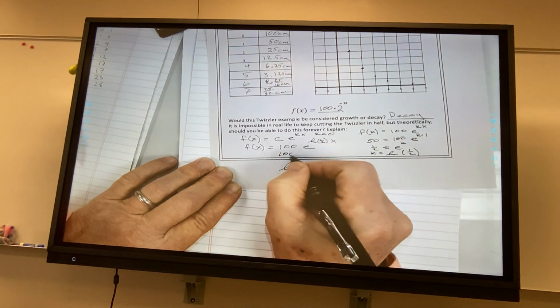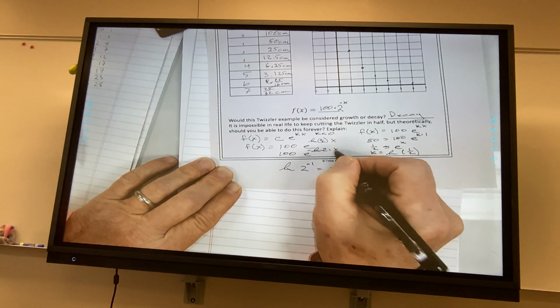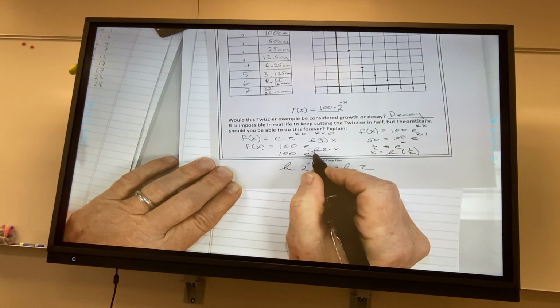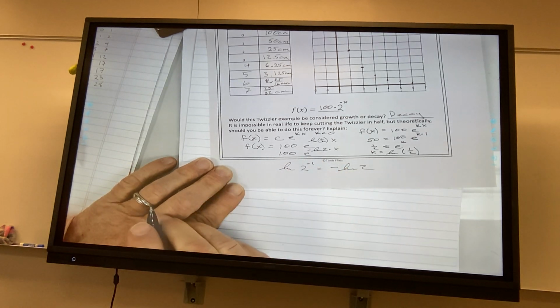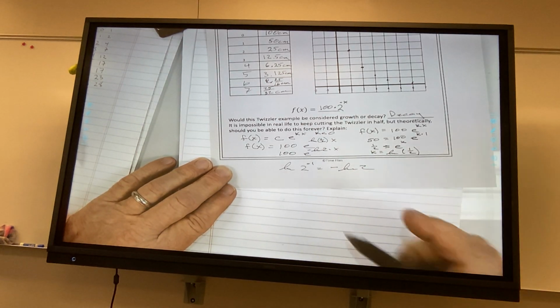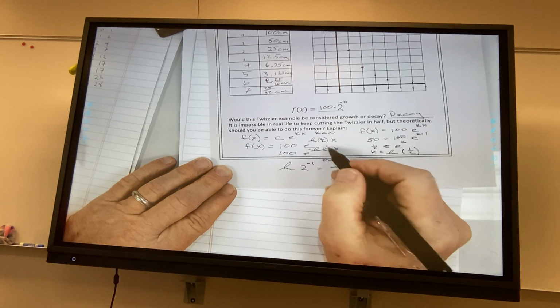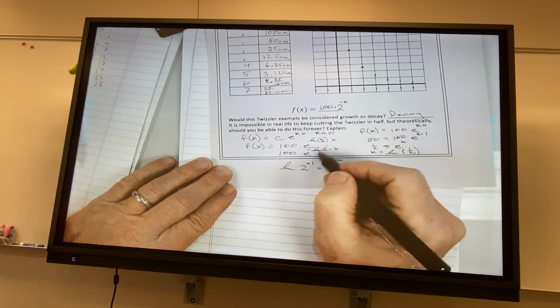So I can write this as 100 e to the negative ln of 2 times x, or negative 0.693, approximately, correct? Is that making sense to everybody? And then I could do the steps like I did before. I could bring the negative x up here, and I'd get 2 there, correct?